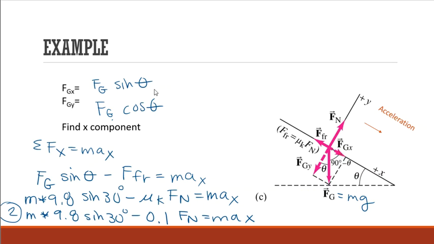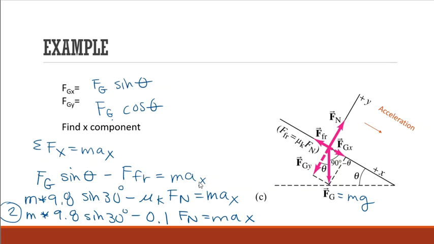That's Fg sine theta, positive. It's going on the positive x-axis, downward on the incline. So Fg sine theta minus, this is going up the incline, minus friction force equals mass times acceleration in the x direction.